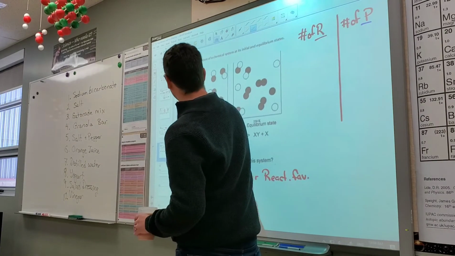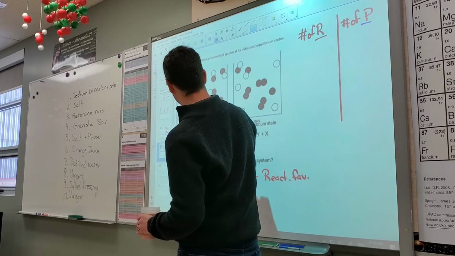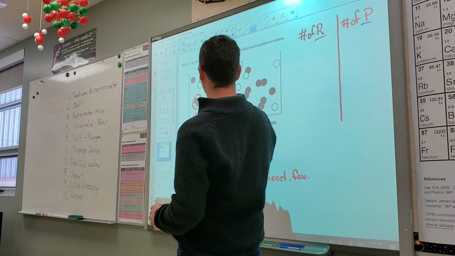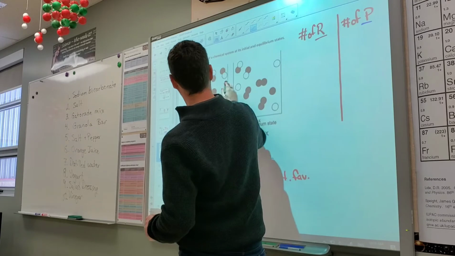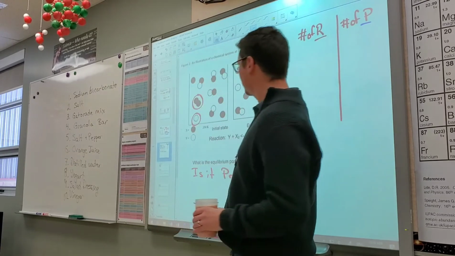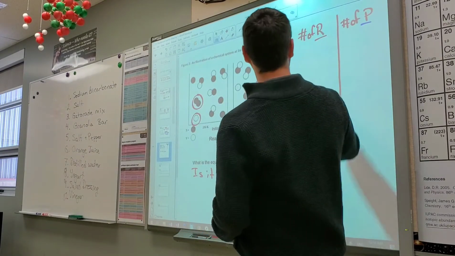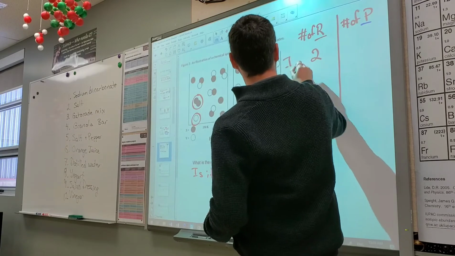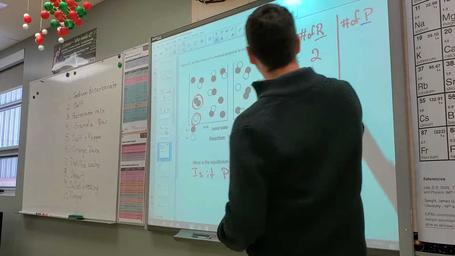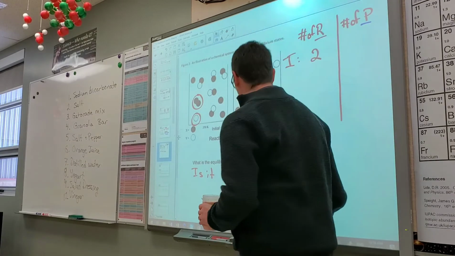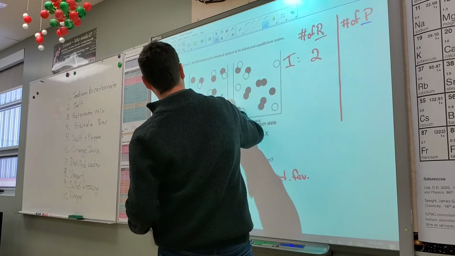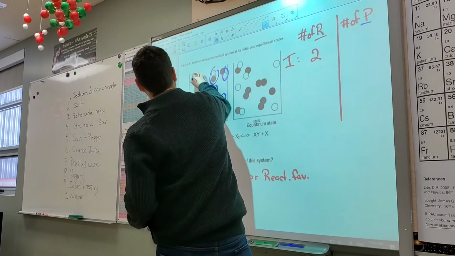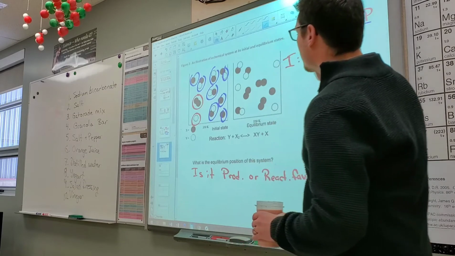So I see a single Y, two X's, I see a single Y. Nope, that's it. So initially there's only two of those, which means all of these have to be products. 2, 4, 6, 8.